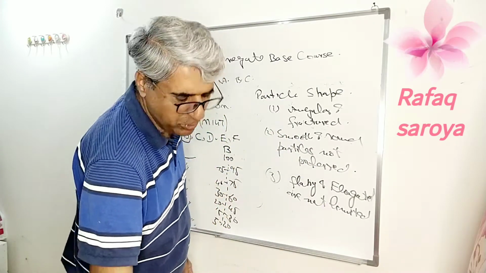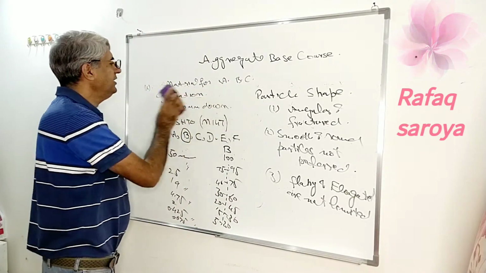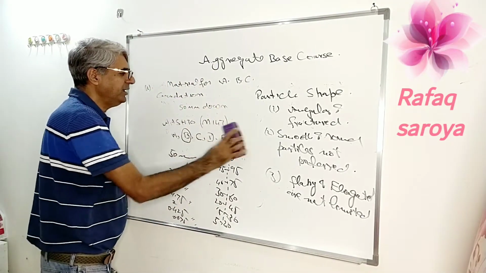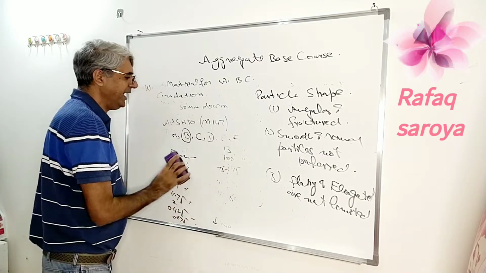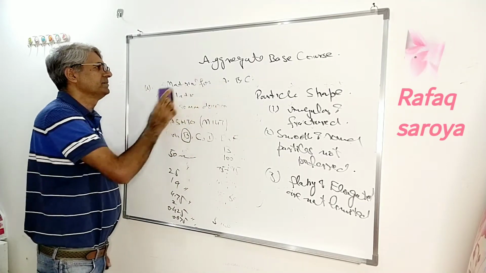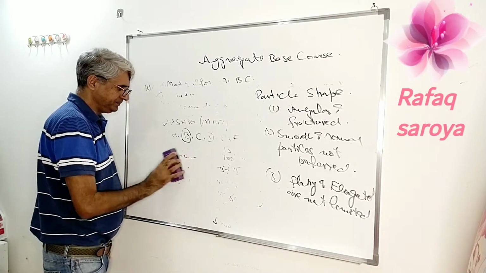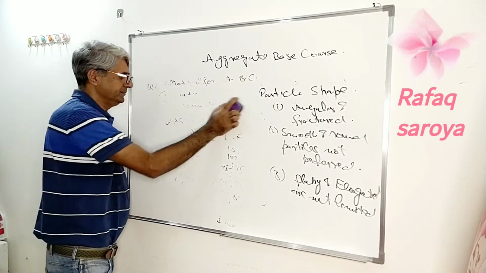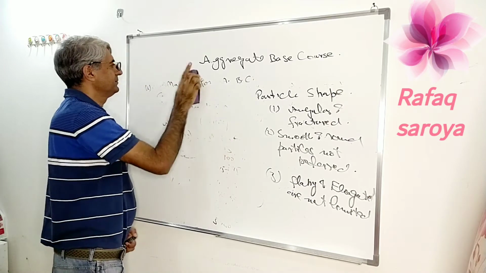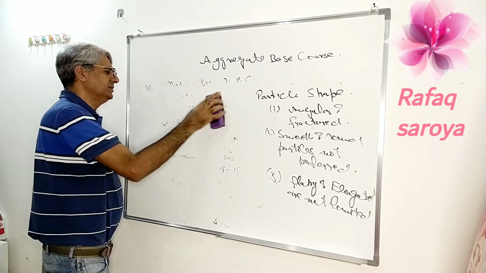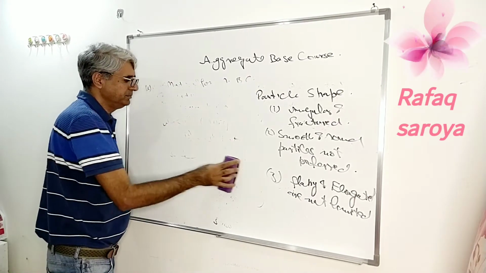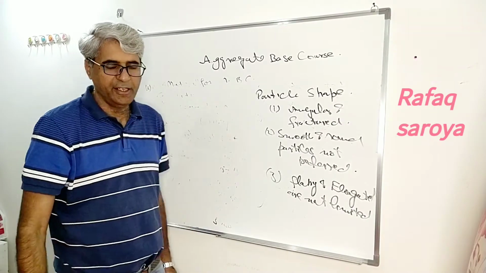Next I am going to discuss the material which I have to use as an aggregate base course. This material should have some characteristics known as stability.